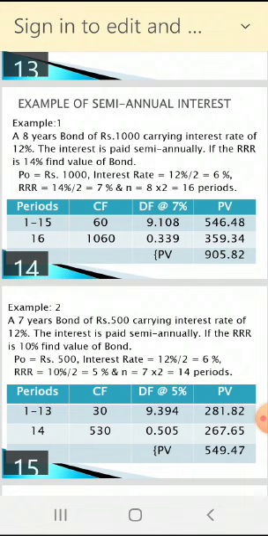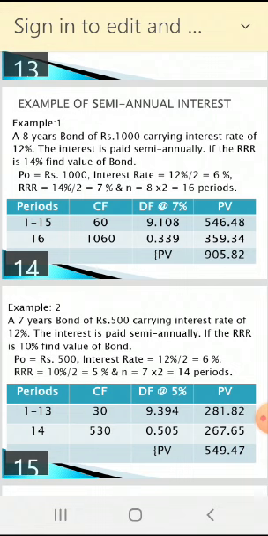The discounting factor at 7% for 15 periods is 9.108. In the annuity table of rupee 1, if you refer to 15 on this side and 7%, you will find this factor 9.108.